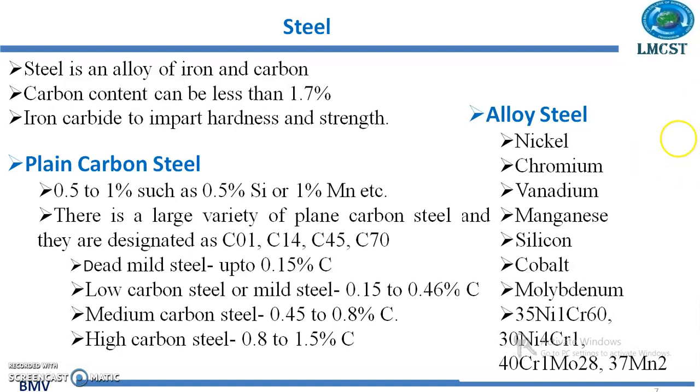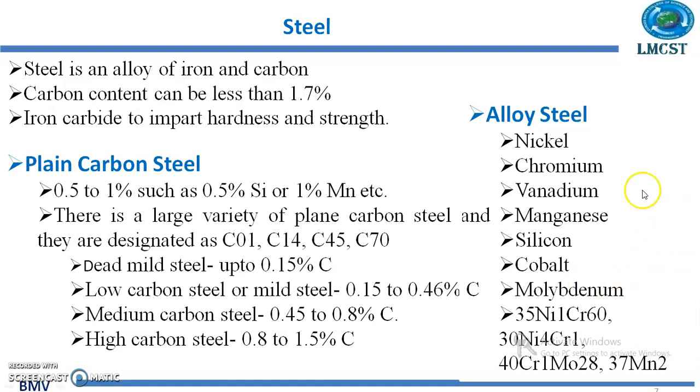The alloying elements added are nickel, chromium, vanadium, manganese, silicon, cobalt, molybdenum, etc. Nickel is added for strength and toughness. Chromium is added for hardness and strength. Then tungsten for hardness at elevated temperature. Vanadium for tensile strength. Manganese for high strength in hot rolled and heat treated condition.